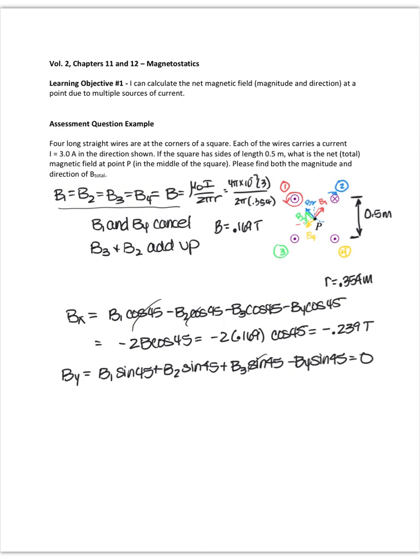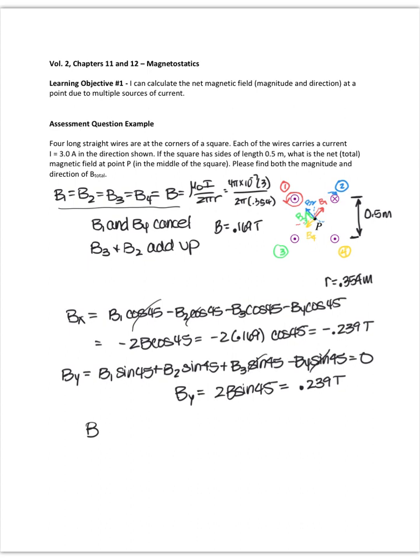Once again, I could cancel two out because B1 and B4 are the same in magnitude, and my total By is 2B sine of 45. Since my B is the same and sine and cosine of 45 are the same, I know that this is going to be 0.239 Tesla for the By.